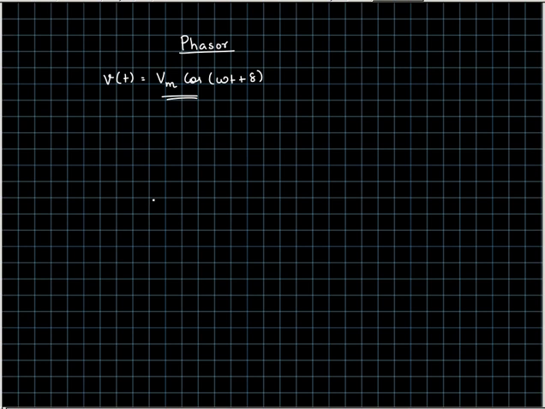More specifically, if you apply a sinusoidal input to a linear circuit, then after a sufficiently long time, you will find that the response of the circuit would also be sinusoidal. This is one of the properties of a linear differential equation.